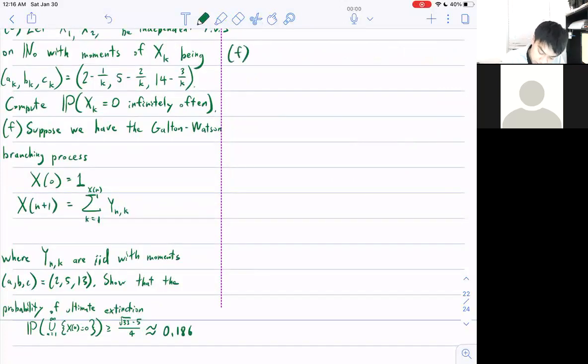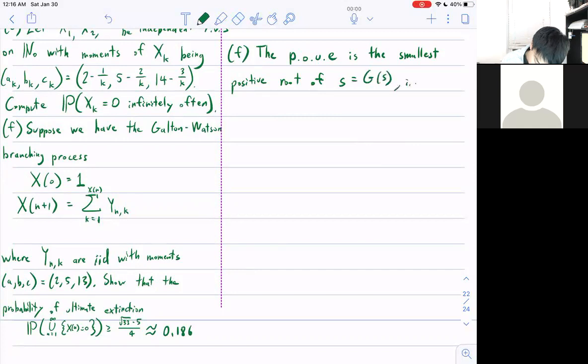So there's a result from branching processes that states this: the probability of ultimate extinction, I'll just call it PUI. Okay, probability of ultimate extinction is the smallest, no, smallest positive root, sorry, positive root of s equals g(s).